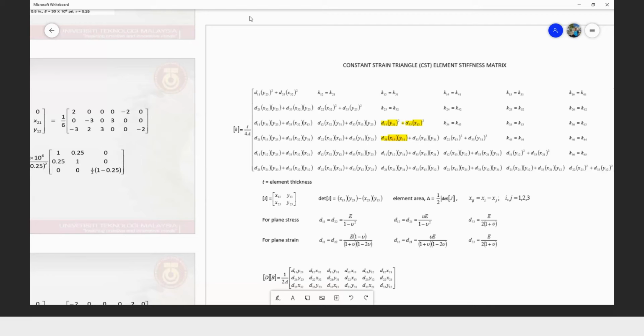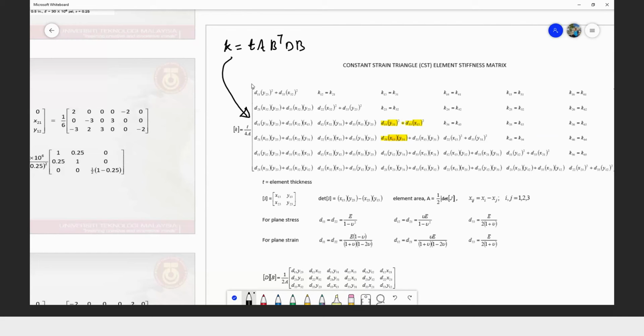So we know that our K here is the integral of B transpose D multiplied by B. If you solve these matrix multiplications and multiply by the constant thickness and area, working in the symbolic approach, meaning you work with variables, it will give you this equation here.